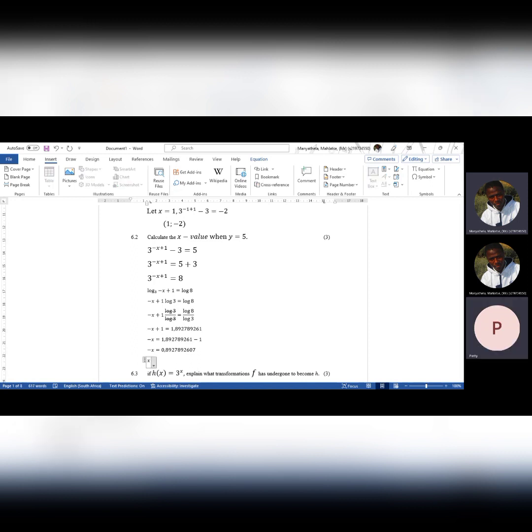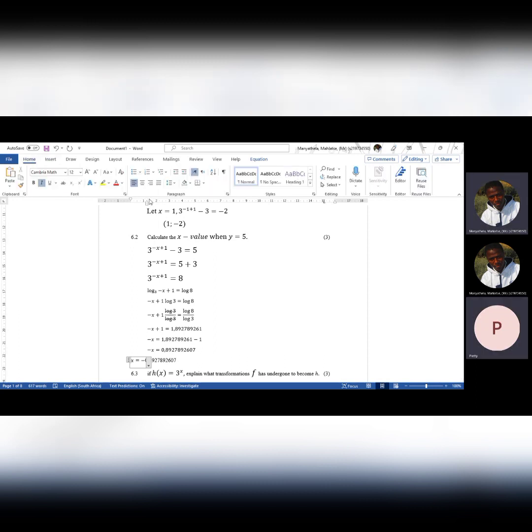And then to complete this, we're going to multiply the whole thing by -1. So the value of x will be equal to negative 0.8927892607, and then let's round it off to 2 decimal places.